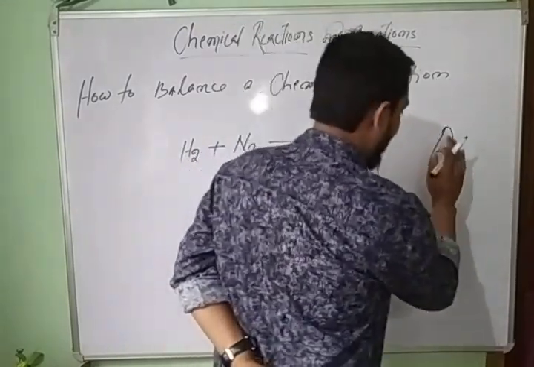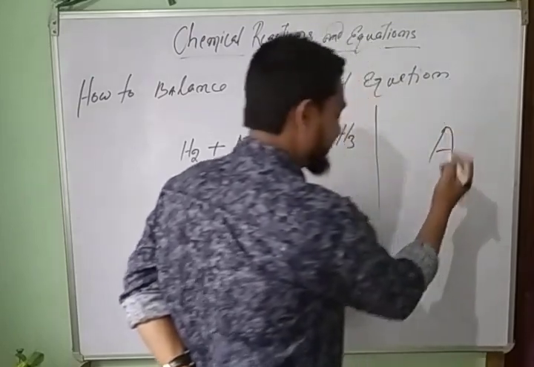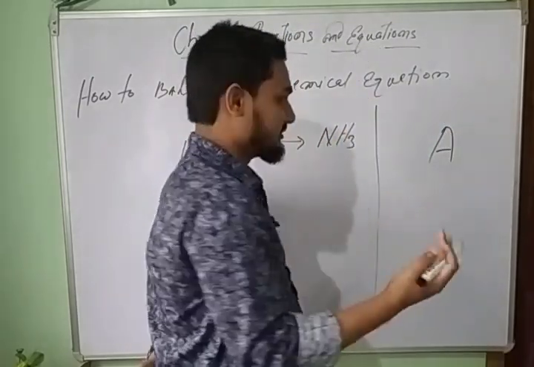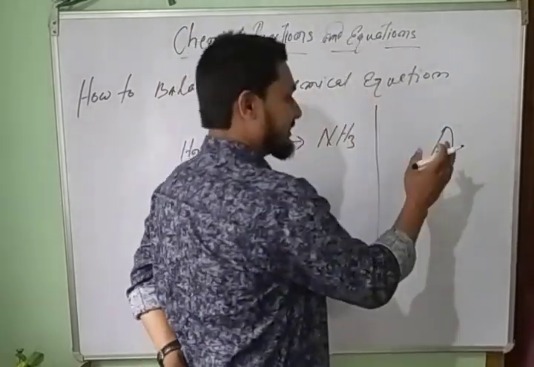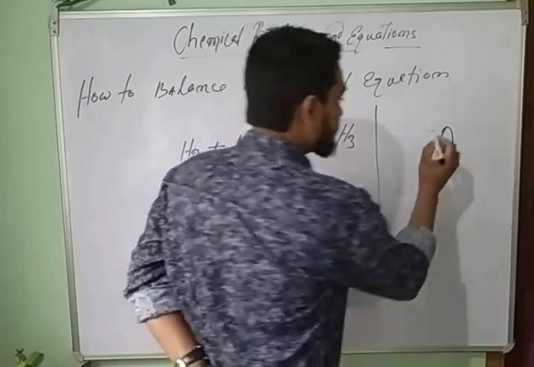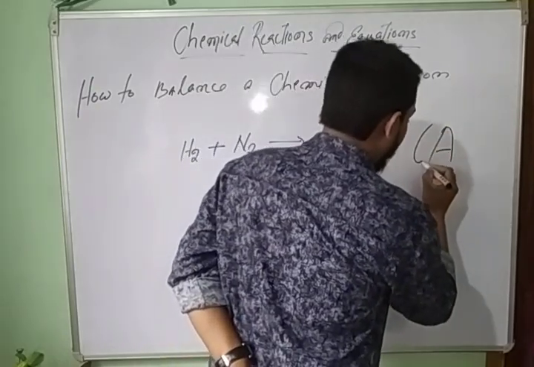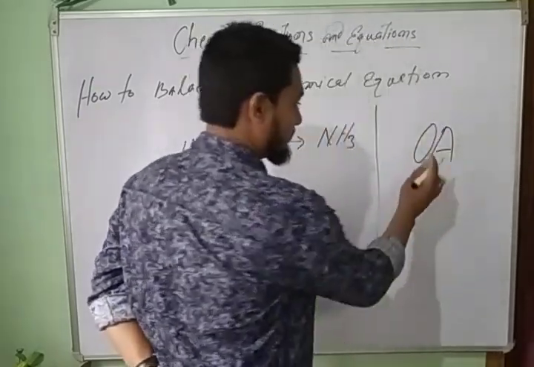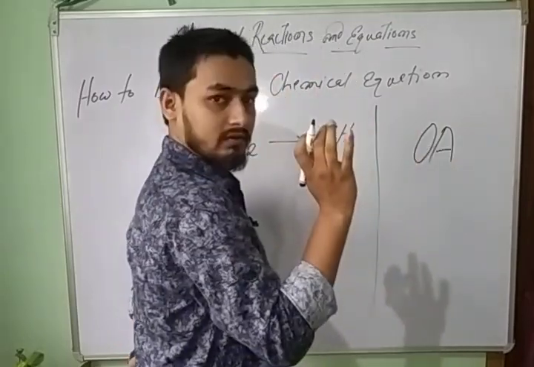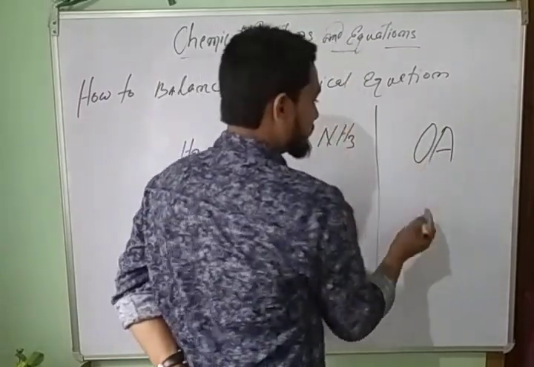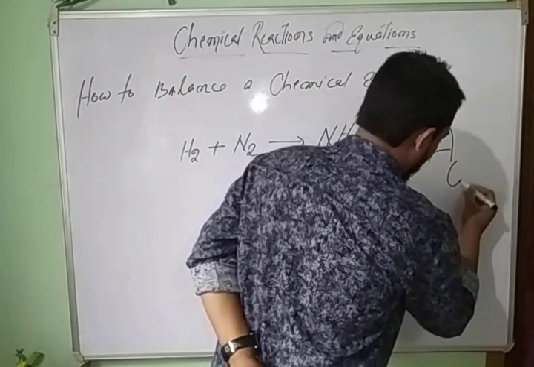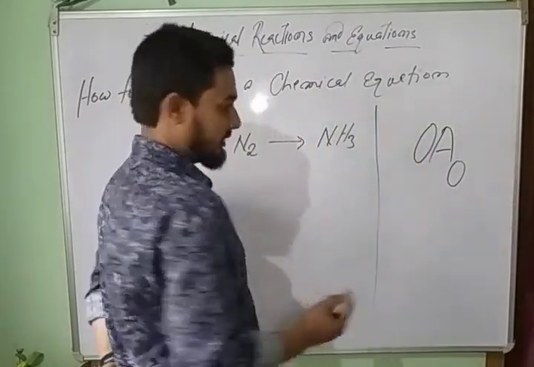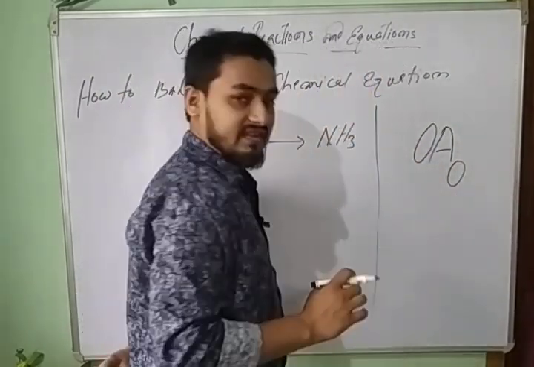If I write A, or in place of A, if we write B, C, D, X, Y, Z, anything, the number of A or anything actually depends upon the number present in front of A or in front of anything, and the position called suffix position.